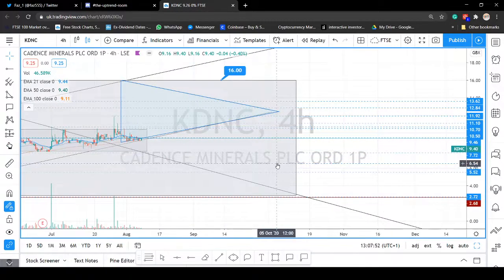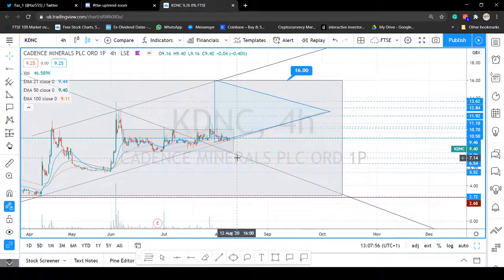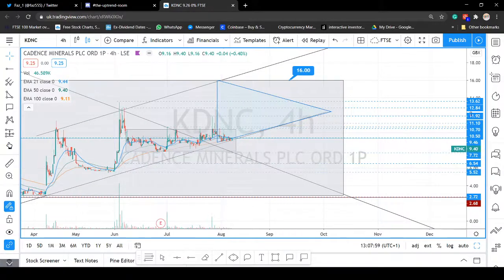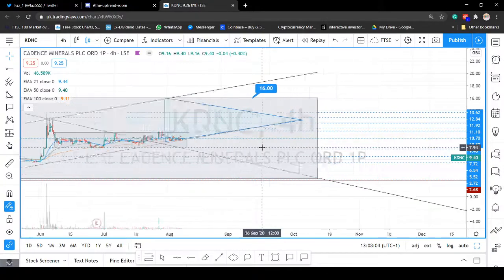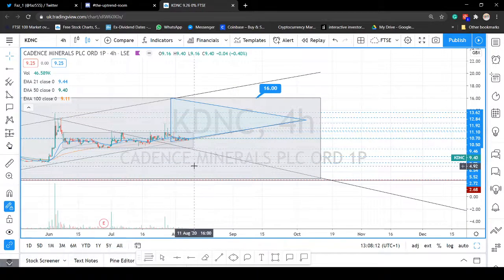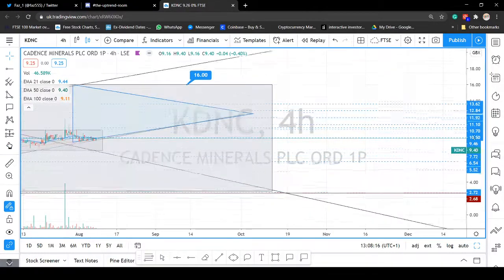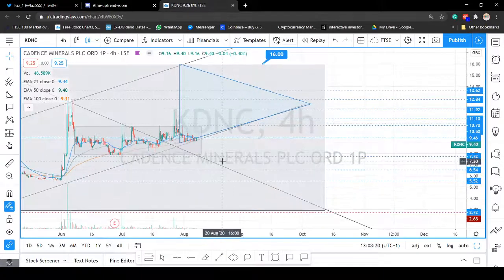It's revealing puzzles, enigmas and mysteries when you get into TA, but you learn it at a foundational level, and bit by bit you'll increase your awareness every single day and begin to see how the market really moves. It's not easy, you've got to put the work in, but if you get a foundational level in technical analysis, guys, you will be in a better position than 95% of retail investors out there.